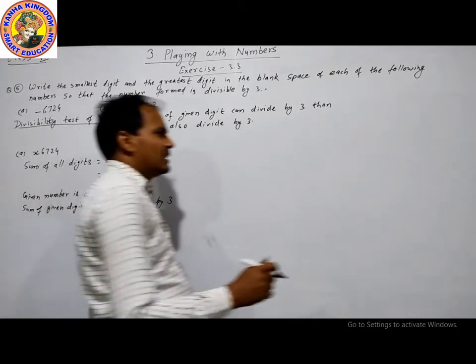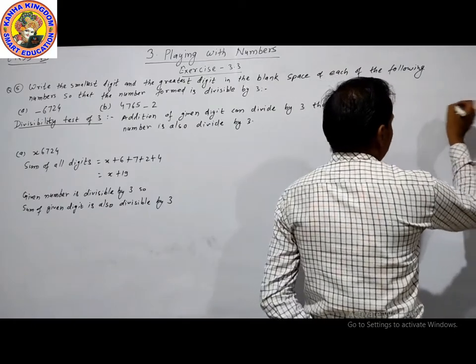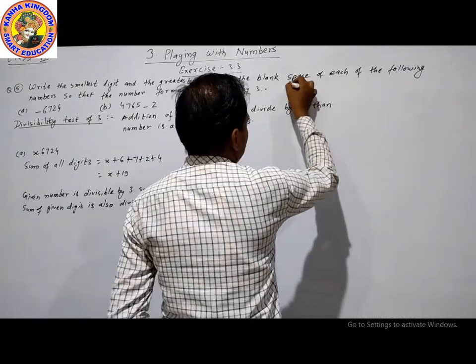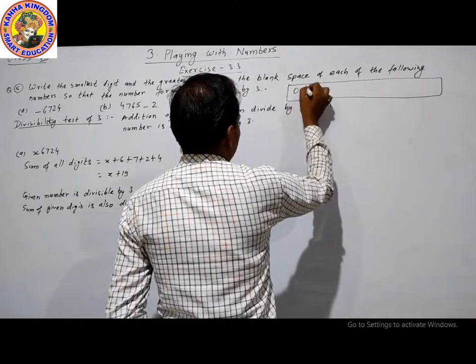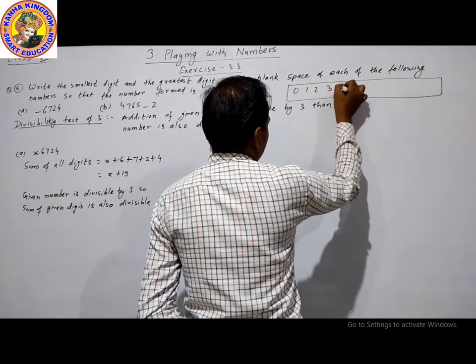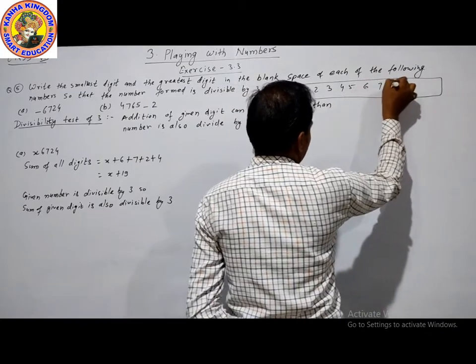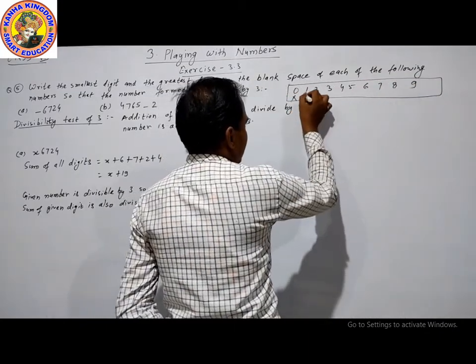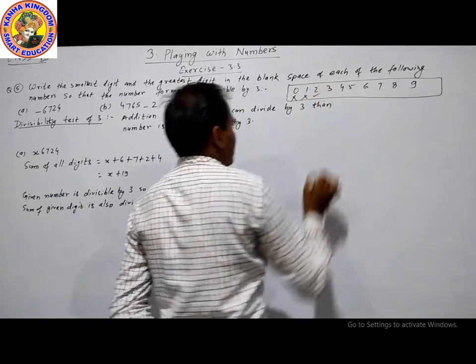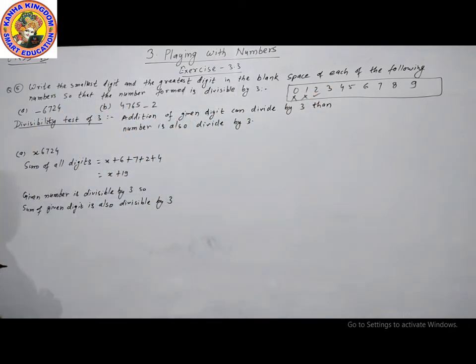So these are the digits: 0, 1, 2, 3, 4, 5, 6, 7, 8 and 9. 0 cannot be placed, 1 cannot be placed, 2, yes, 2 is correct. So 2 is the smallest digit.